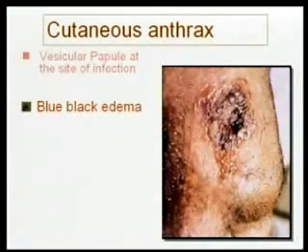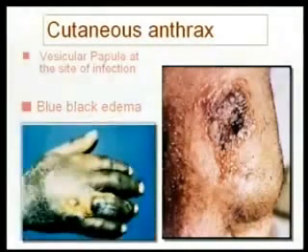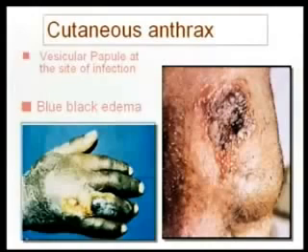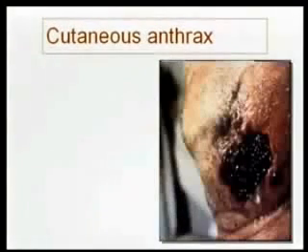There will be a black edematous lesion. If you can see that here, blackening there, that is called eschar. Here is the edema. There is a main infection and edematous swelling of the hand. Coming back to this, here is what is typically called eschar.